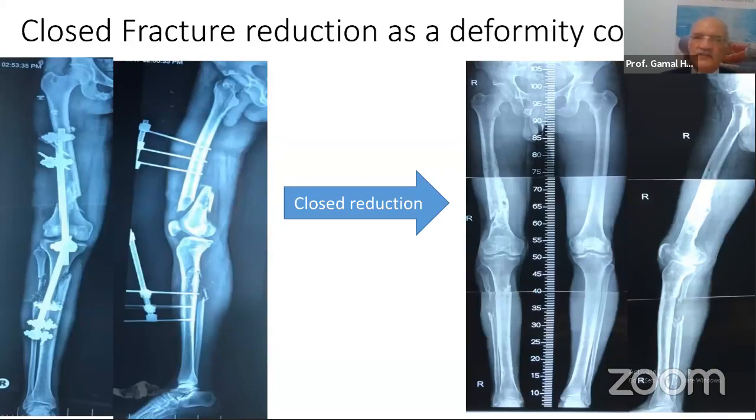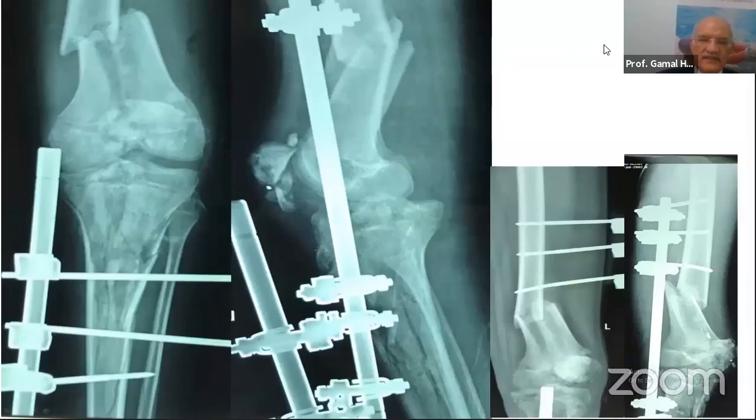Many people think the circular fixator, the external fixator, means that you do reduction, then you put the frame. No. You can reduce the fracture after the operation, gradually, 1 millimeter per day. You consider the fracture something like lengthening, and I will show an example. This patient presented to us after about 31 days after the operation.